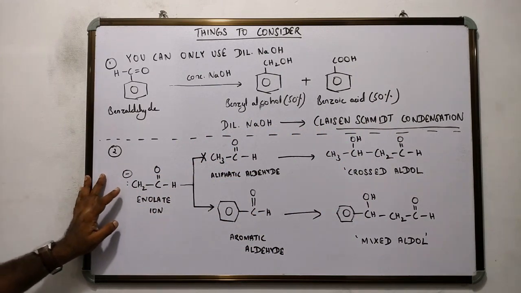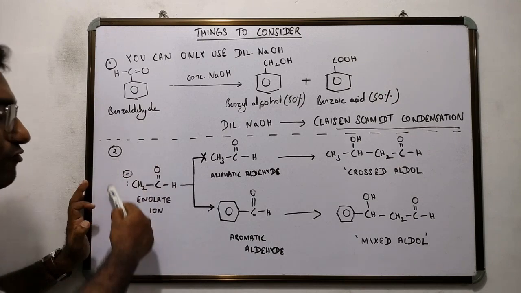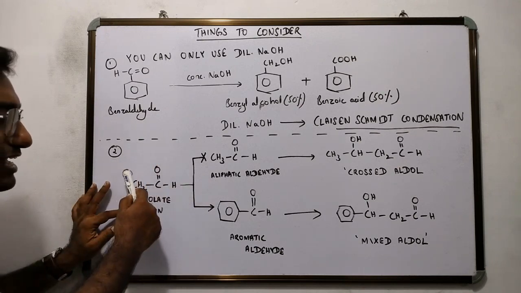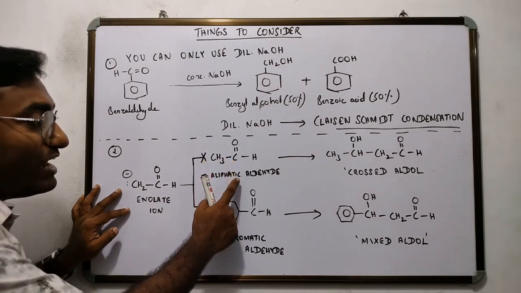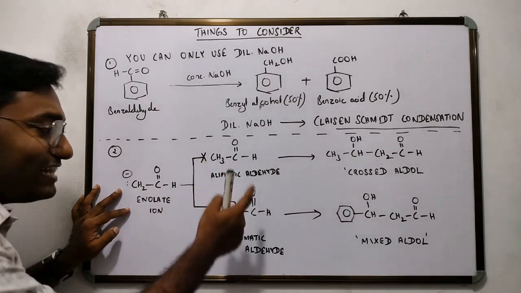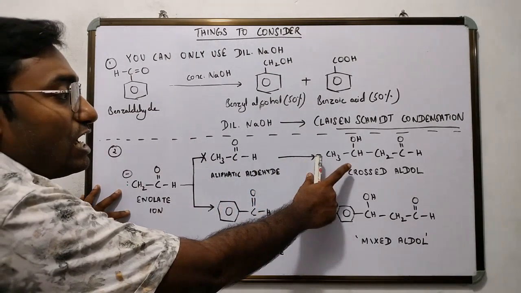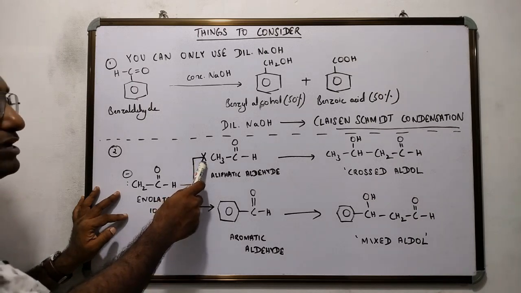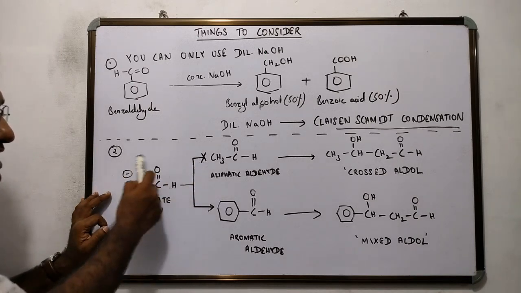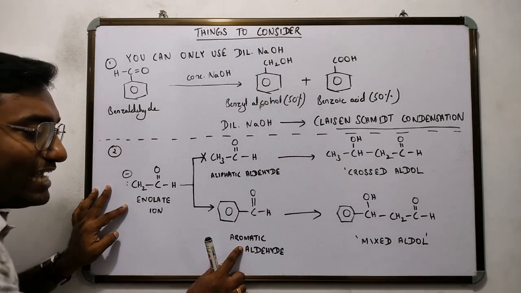Another query that may pop up in the mind of a student is whether the enolate ion of an aliphatic aldehyde would go and attack the carbonyl carbon of an aliphatic aldehyde rather than the carbonyl carbon of an aromatic aldehyde to yield a crossed aldol. For students who have such a query, the answer is a big no. The enolate ion would only attack the carbonyl carbon of an aromatic aldehyde.